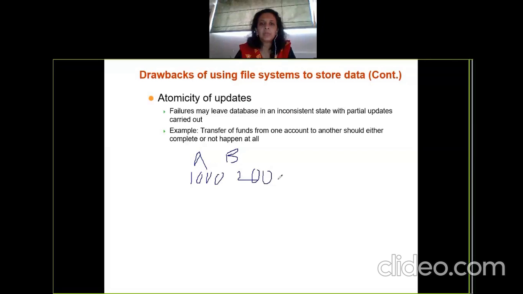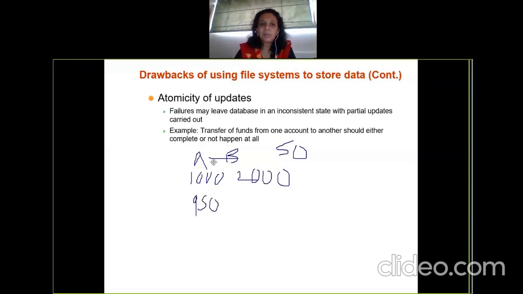We are transferring 50 rupees from account A to account B. Suppose we start the execution of the transaction and 50 rupees are debited from account A, so account A remains with 950 rupees.